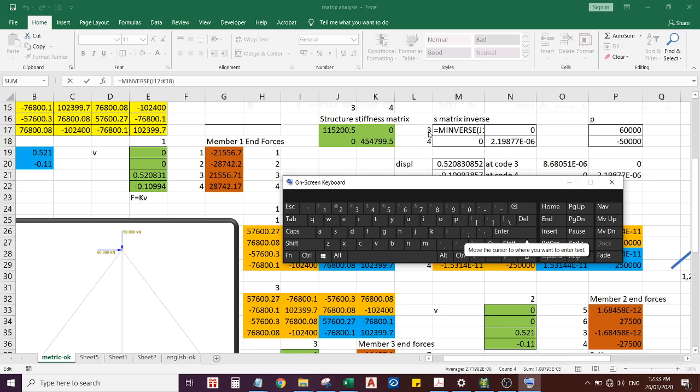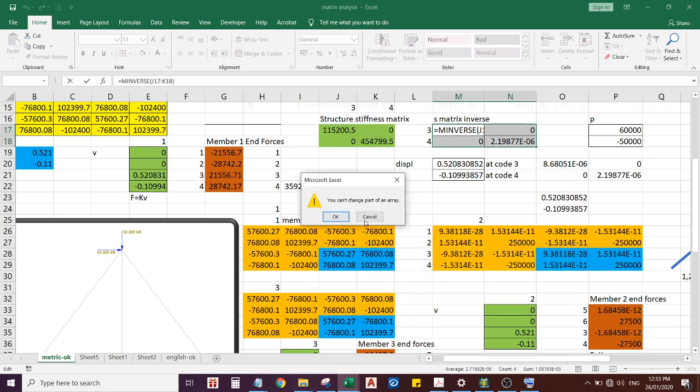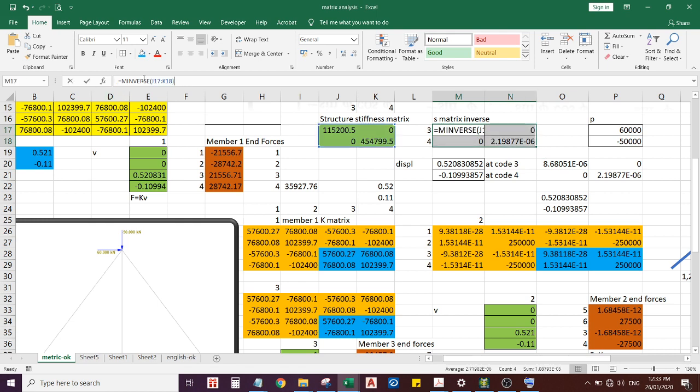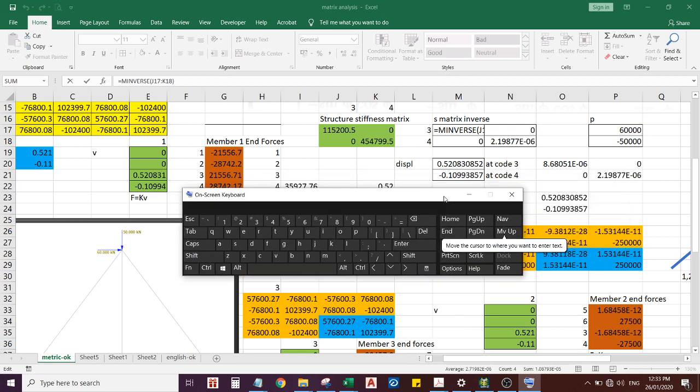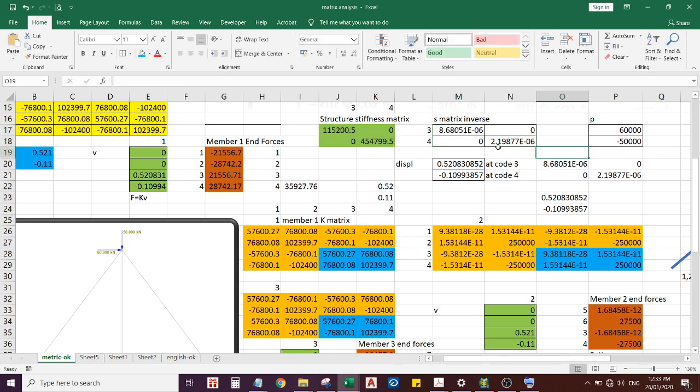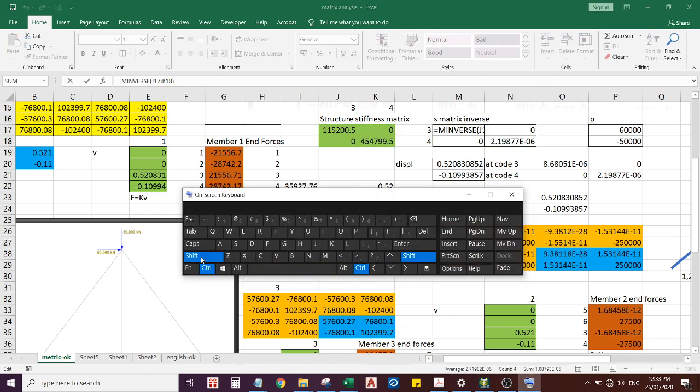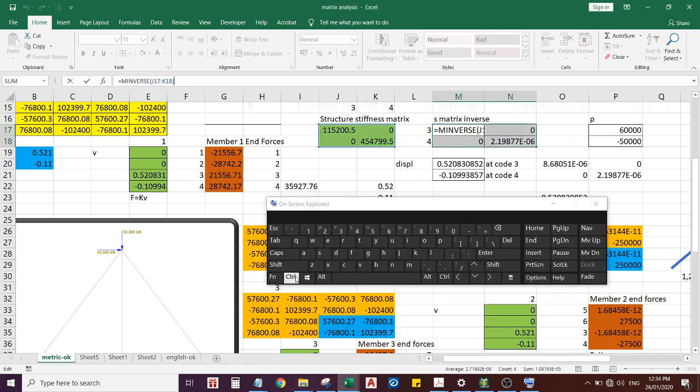Why is it not working? I'll repeat, Control Shift Enter. Yeah, that's it. So this is now the matrix inverse.